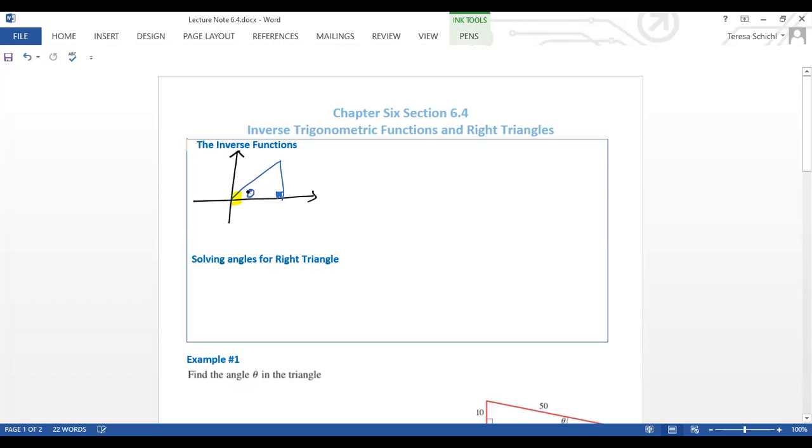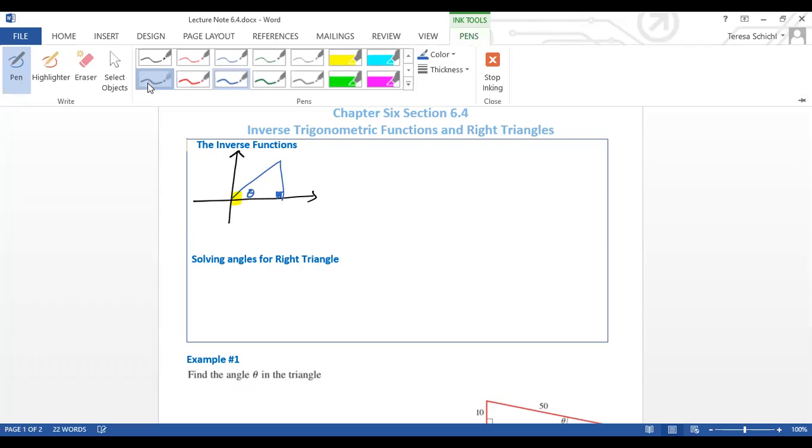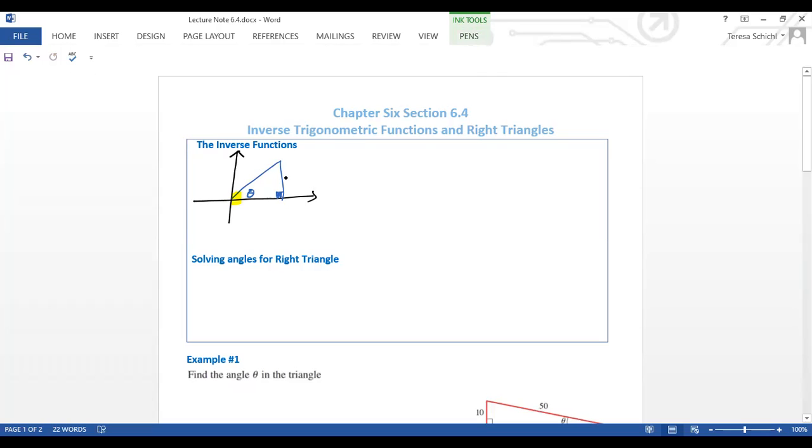This is my y value, because this is the y-axis, this is the x-axis, and this is x. Then the hypotenuse, by the Pythagorean theorem, is equal to the square root of x squared plus y squared. So we define sine theta as the opposite over the hypotenuse, which is y over r.